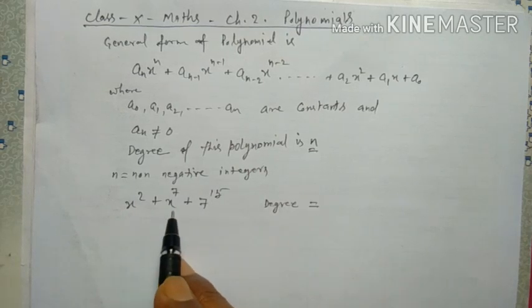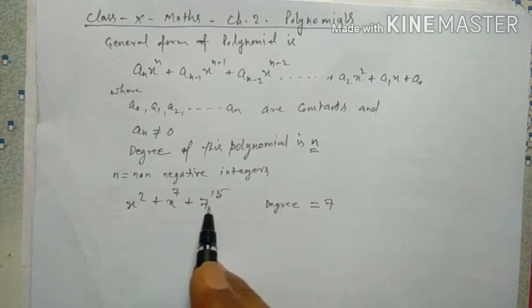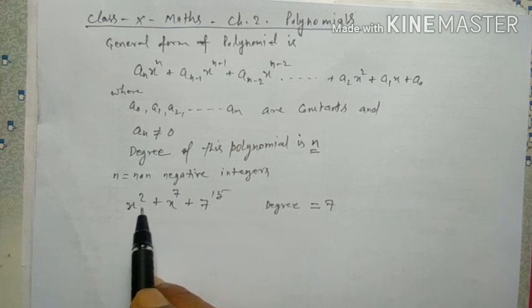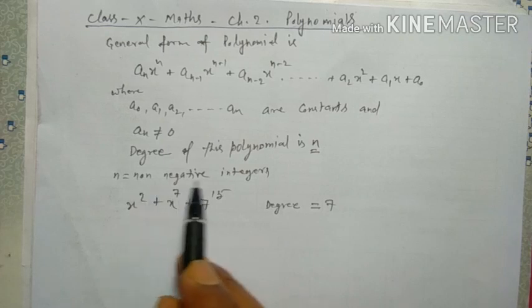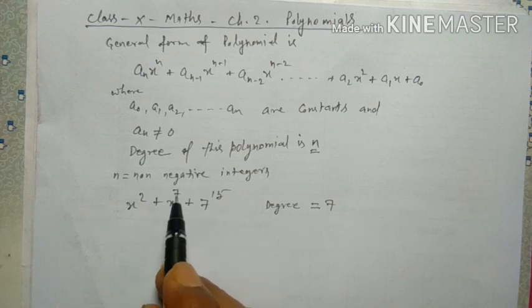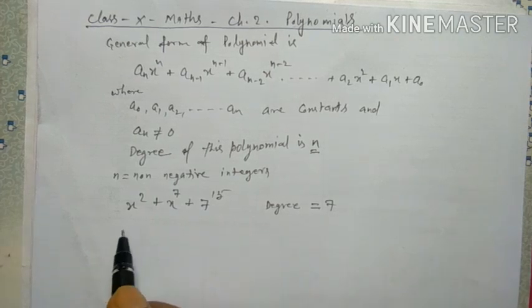Here the variable is x and the highest power is 7, so degree equals 7, and this is a polynomial because the exponents of the variable are non-negative integers.